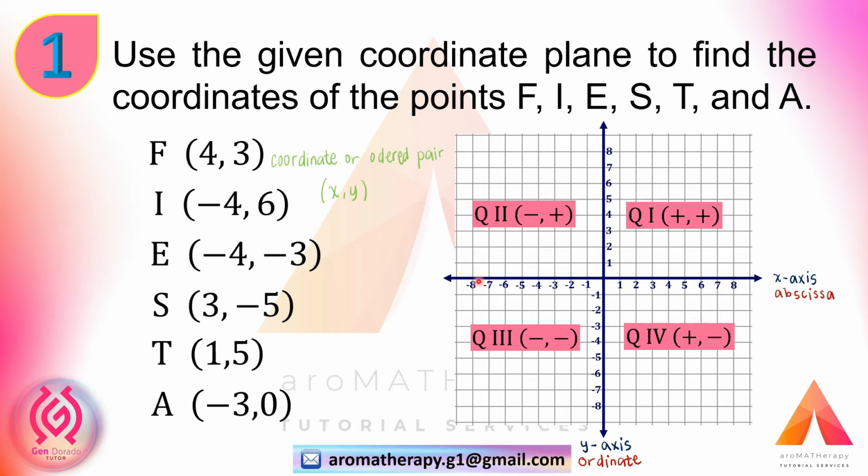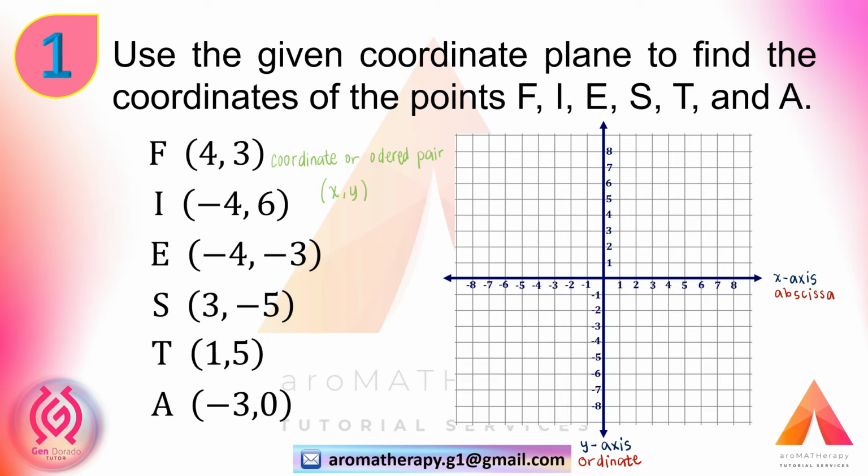So, laging mauna si x, kasunod si y. Again, in naming points on the Cartesian coordinate plane, always look for x first, tapos isunod si y. Mauna si x, kasunod si y. Gets? Okay, na-get na ang review.